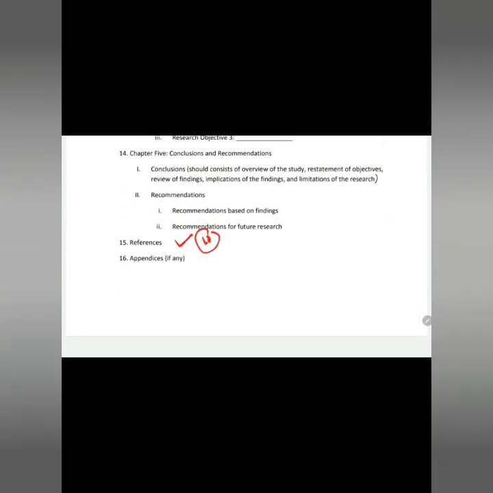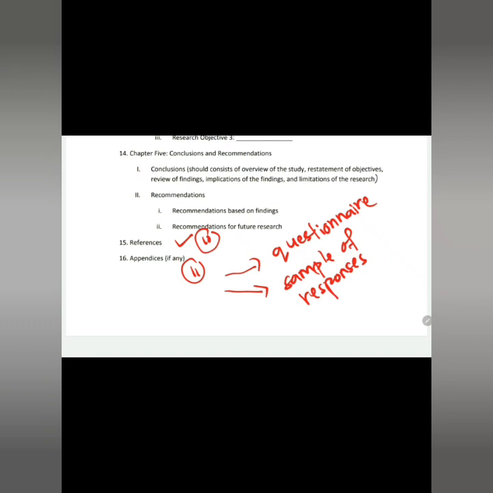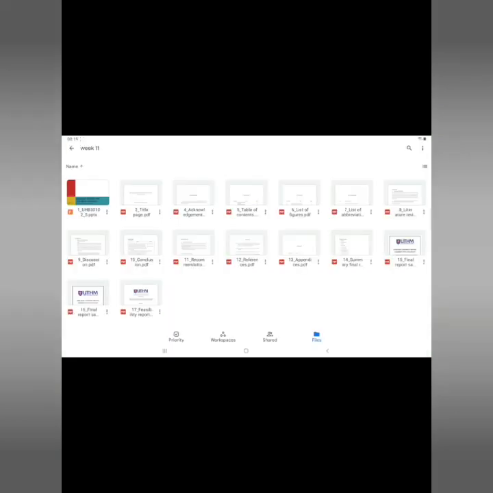Then I would like to see your references list, number 10, and 11, your appendices. I want to see your questionnaire, and I would like to see samples of responses from your respondents. So all of these need to be included in your final report.